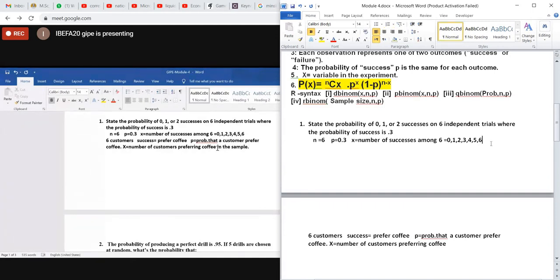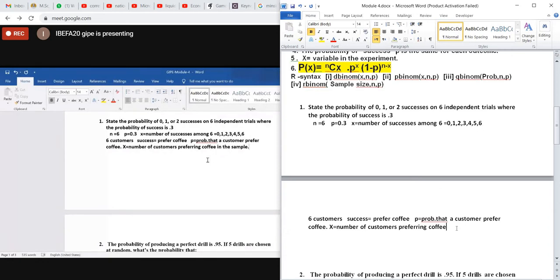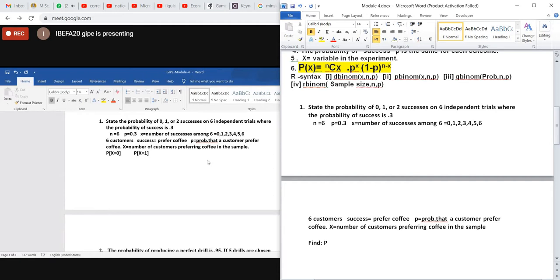This is the meaning. And your job is to find probability X is equal to 0, probability X is equal to 1, probability X is equal to 2. This is the meaning of the question.